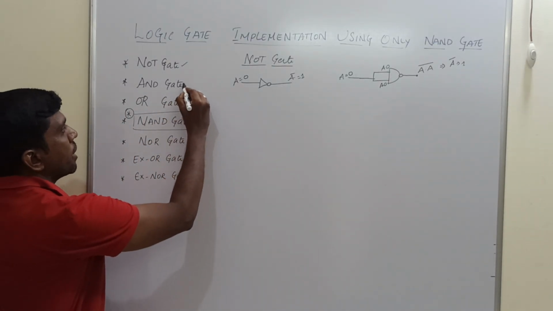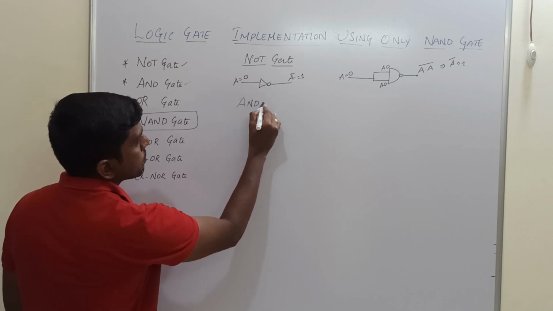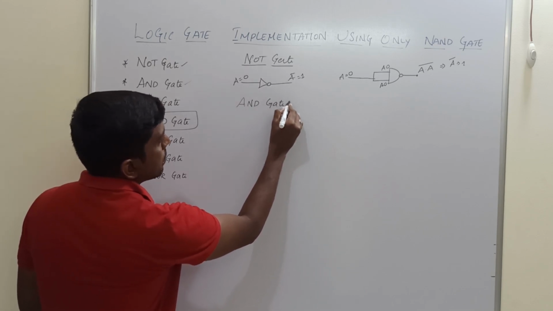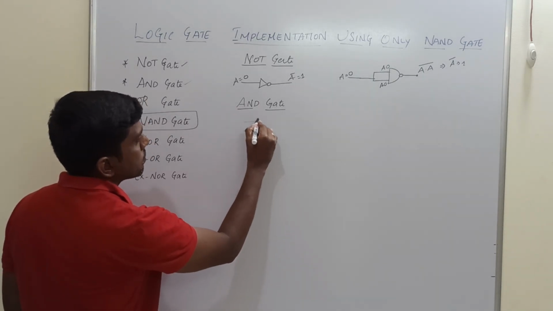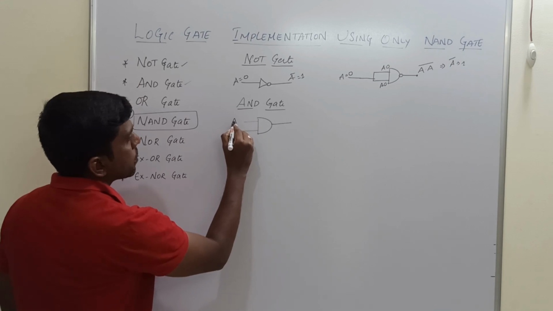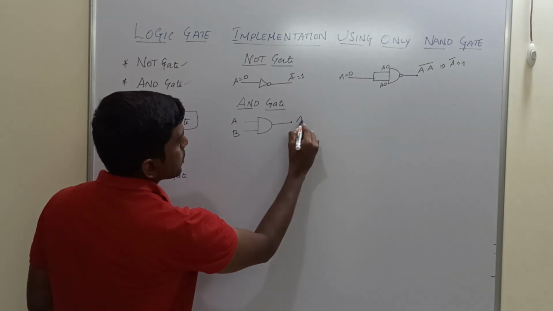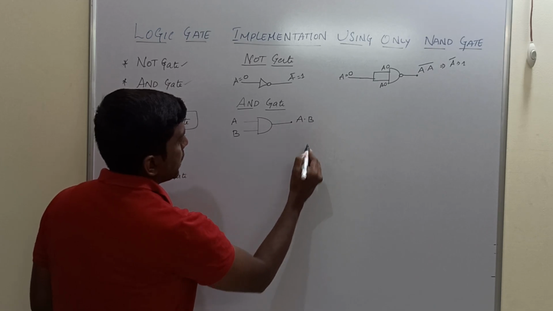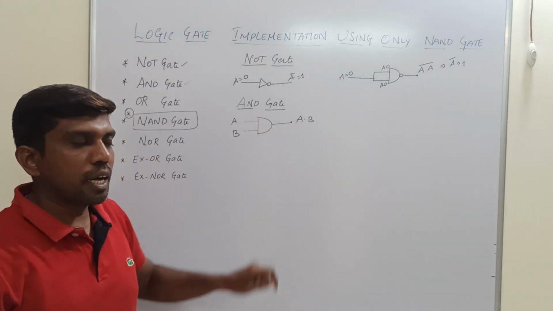Then come to the second gate, AND gate. It's a 2 input logic gate. So it's the basic symbol. Inputs are A and B. The corresponding output Boolean expression is A dot B. So A dot B is the Boolean expression of AND gate.